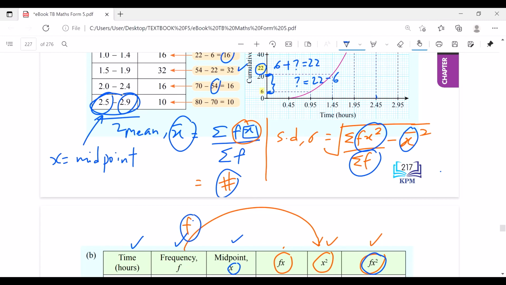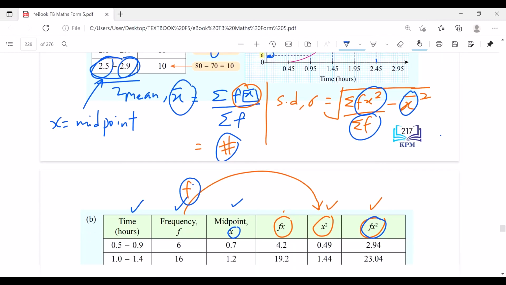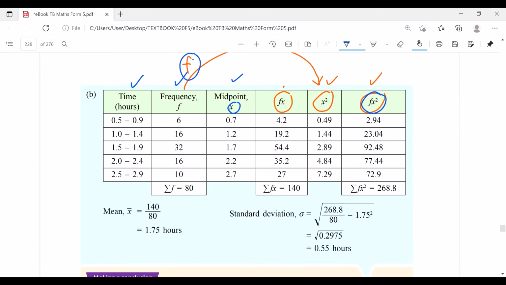Yeah? So very easy. What you do is this one, you just write back with this one, and then midpoint, you find it from here. I explained you already just now. You get the midpoint, then you do the fx, yeah.